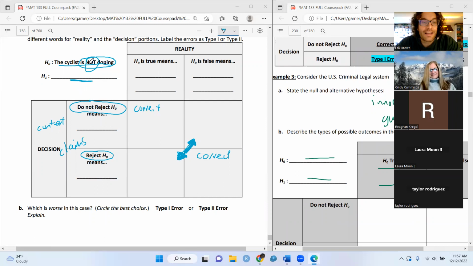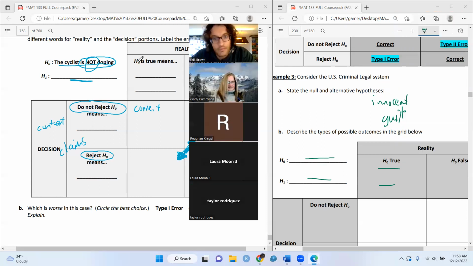Well, that's the thing. H0, the claim could be the cyclist is doping. We could assume you're guilty until proven innocent, which in some way is the reality of TSA, right? We assume everyone that enters the airport has ill intent and they're gonna blow up a plane or bring weapons or whatever.